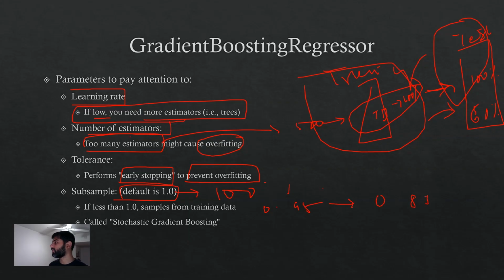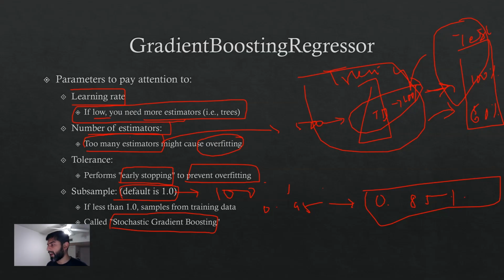So 85% of your data set would be studied, and 15% would be left out from the subsamples. When you leave out data and randomly select the data, you call this algorithm the stochastic gradient boosting algorithm. So it's stochastically deciding which data to select for my learning and which to miss, while not studying from 100% of the data, to limit overfitting.